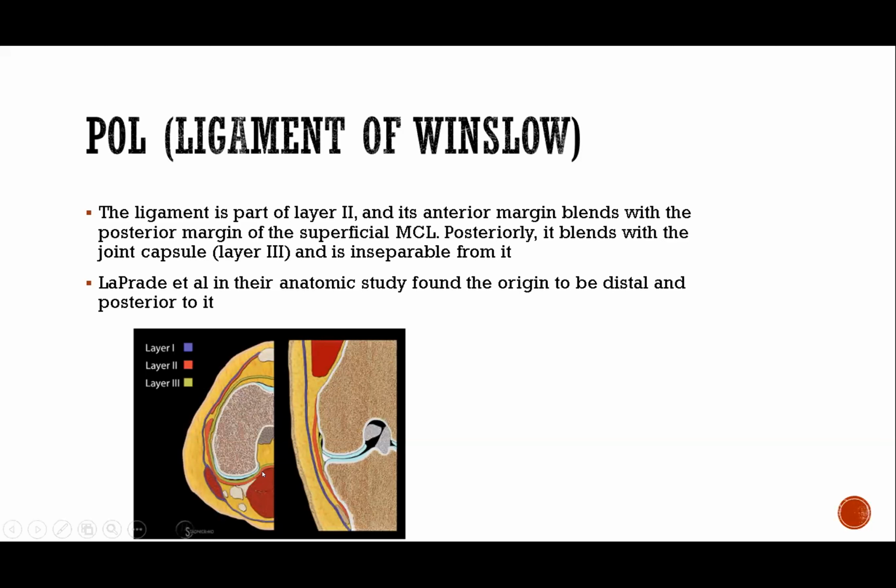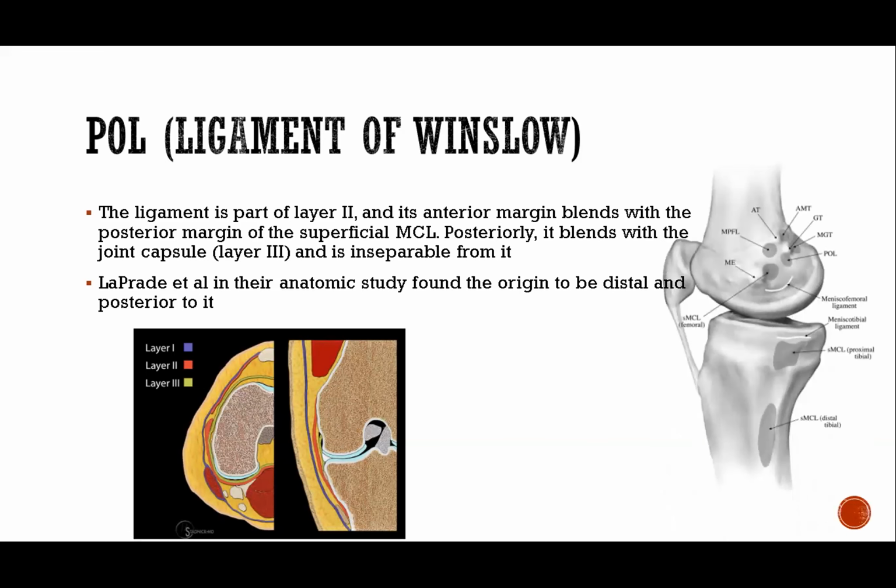Initially, the posterior oblique ligament was found to have its origin at the adductor tubercle, but Laprade et al., in their anatomical study, found that the origin is actually distal and posterior to it. This is the adductor tubercle. As we already saw, the superficial MCL will be just anterior to the POL.